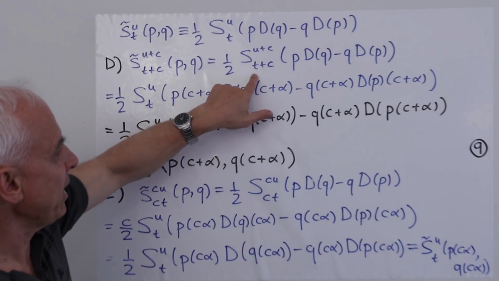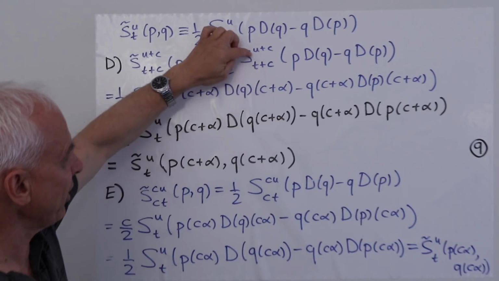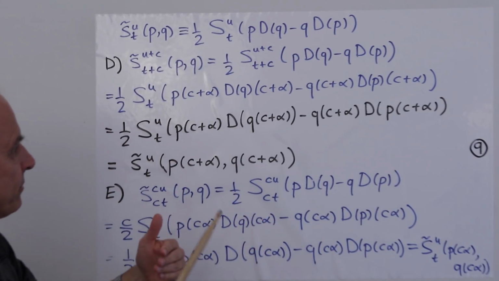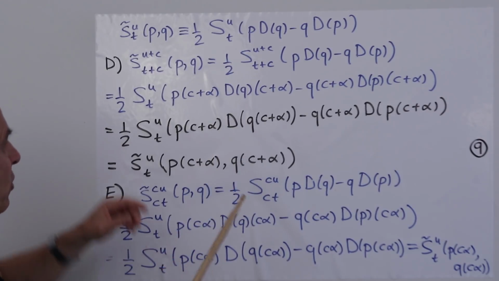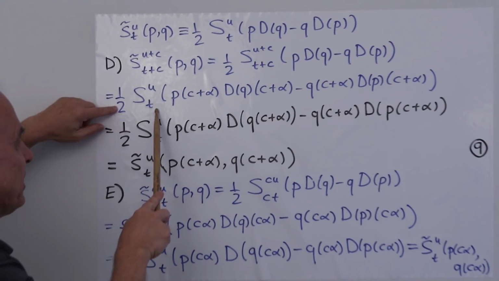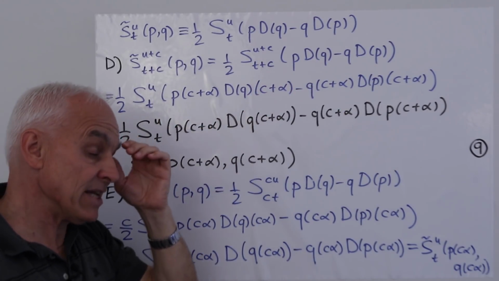Well, this thing here is an integral. Okay, so the integral t plus c, u plus c of something. By the previous lemma, we can transform that to a corresponding expression, 1/2 integral just from t to u, but now we have to evaluate all of these things at c plus alpha.